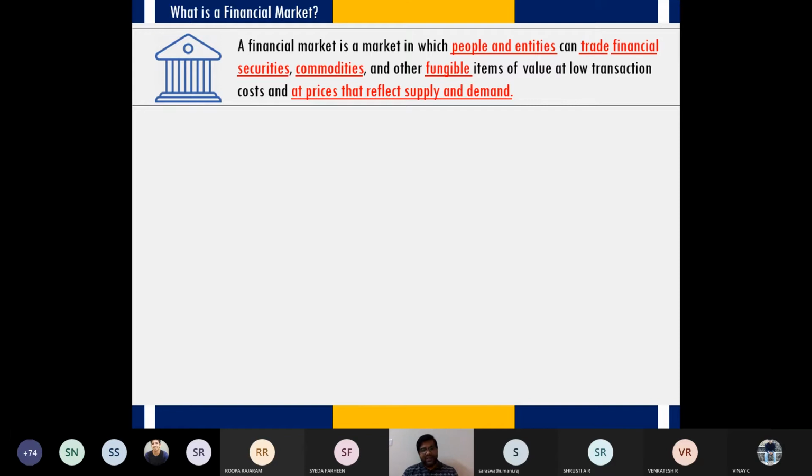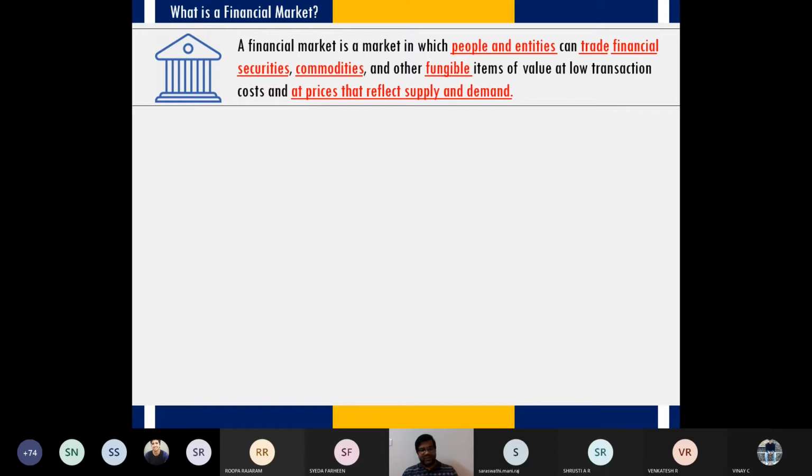But in the commodities market, trade does not happen the way we normally buy products from a retailer. So I can't go to a commodities exchange or a stock exchange and tell them that I need to buy 10 kilos of rice or 10 barrels of crude oil. So we cannot physically trade commodities the way we do in a retail store.